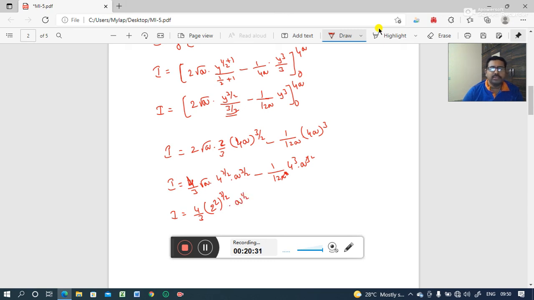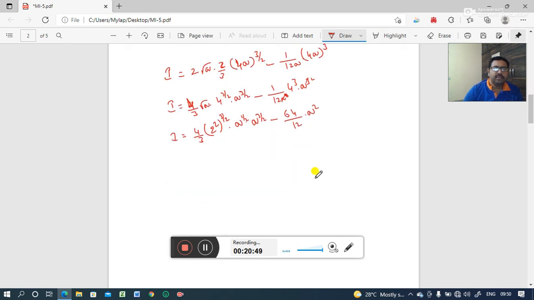Square root of a is nothing but a power 1 by 2 into a power 3 by 2, minus 4 cube is 64 divided by 12 into a square.